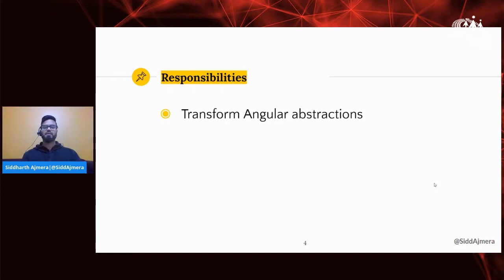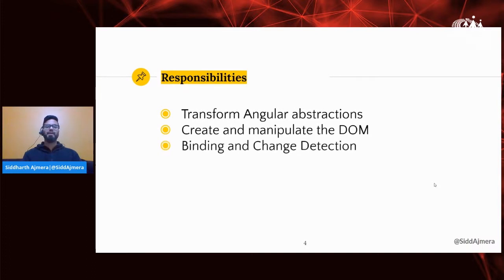Like we generally write TypeScript classes that are already decorated with these decorators like the ng module decorator, the component decorator, and stuff like that. But this is something that is not really running in the browser for us, right? What the browser actually runs is JavaScript, right? So this whole compilation and rendering pipeline is responsible for doing that. So it does things like creating and manipulating the DOM. It is responsible for data binding and change detection, and it is also responsible for creating CSS and animations, amongst other things.